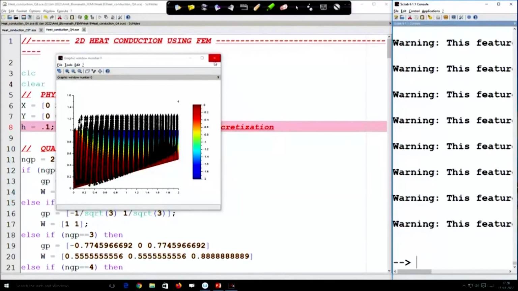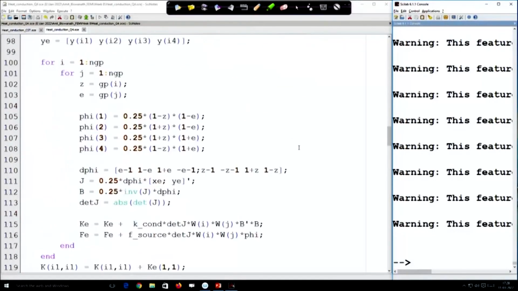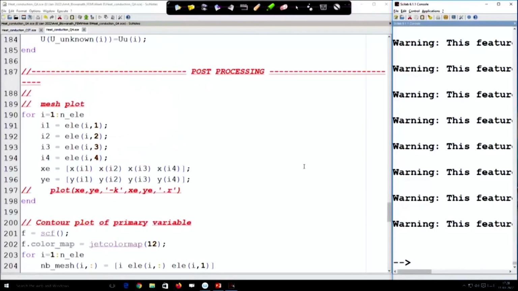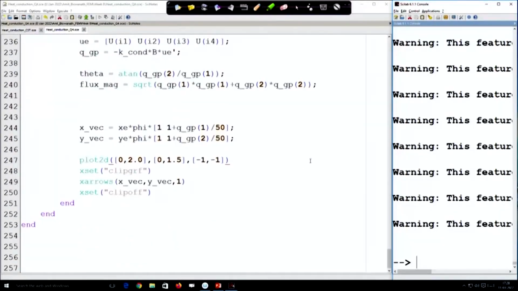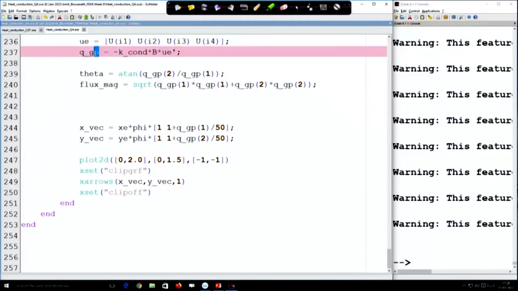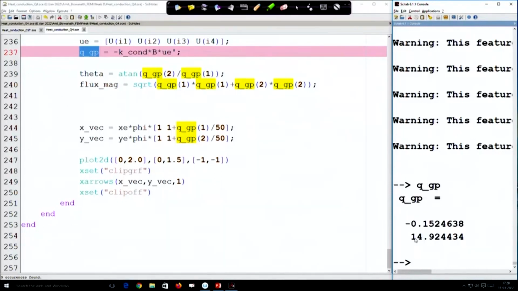Our value should be equal to 15, right? That was the boundary condition we had given, and the flux is Q_GP, the flux at the Gauss point. So it should be Q underscore GP. You see, it is 15.